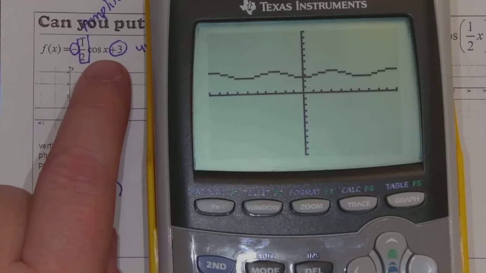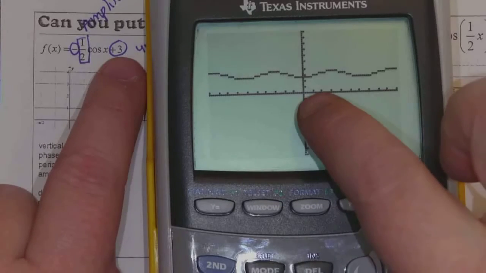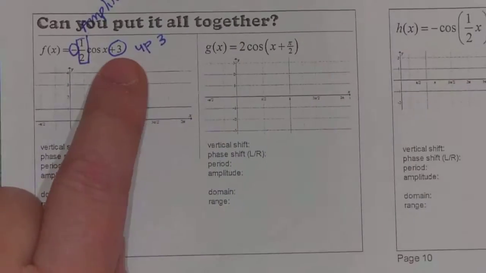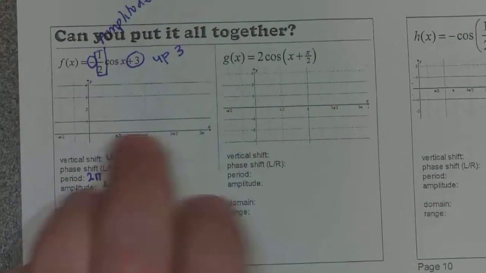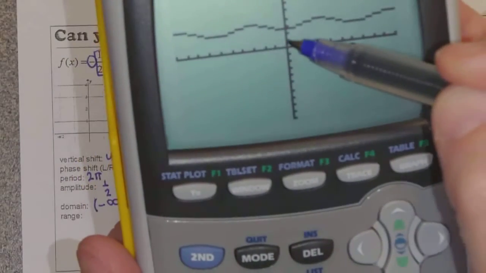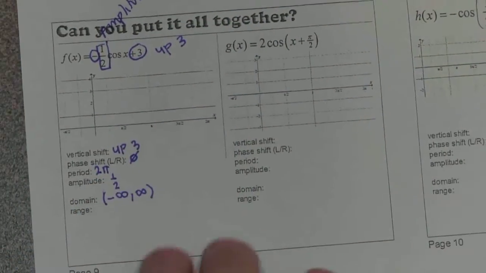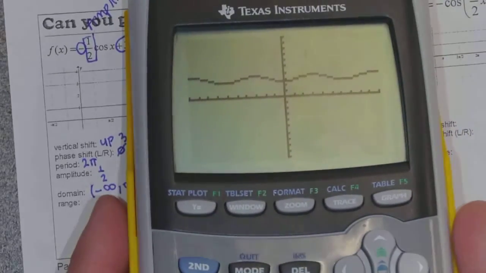And we knew its amplitude was only going to be 1/2, so we knew it wasn't going to be very tall at all, right? It moved up 3 units, though. So my starting point is up at 3 and ending at 3. Oh, 3 or 4. So just sketch that graph really fast on your paper.